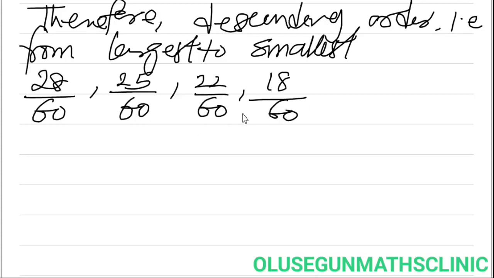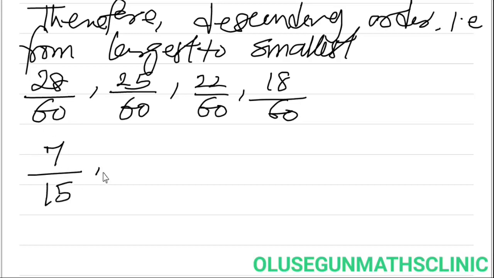Now, the one that forms 28 over 60, what is it? When you see it, it is 7 over 15 that forms 28 over 60.